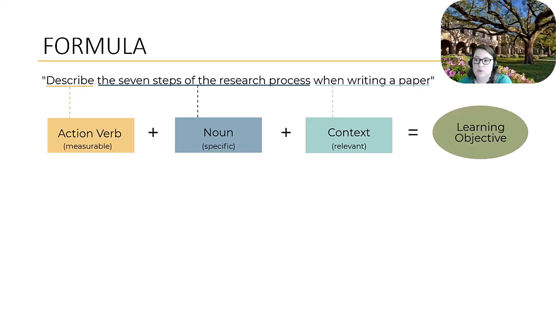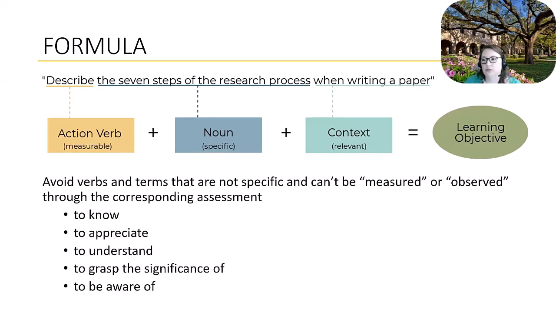And we want to avoid soft verbs such as know, appreciate, and understand. You might very well want your students to know or understand a particular concept, but the objective should be written as to how you're going to measure that level of knowing or understanding. So think about, how will I know it when I see it?